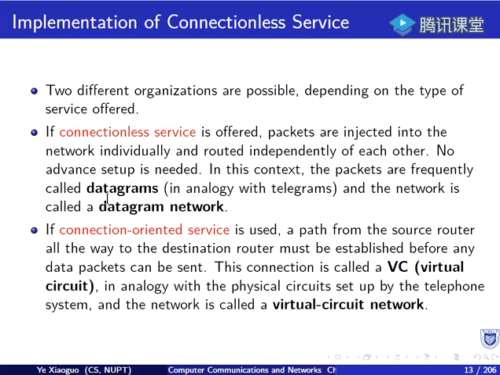in analogy with the physical circuit set up by the telephone system, and the network is called a virtual circuit network. So if connectionless service, the packet is called a datagram, and the network is called a datagram network.